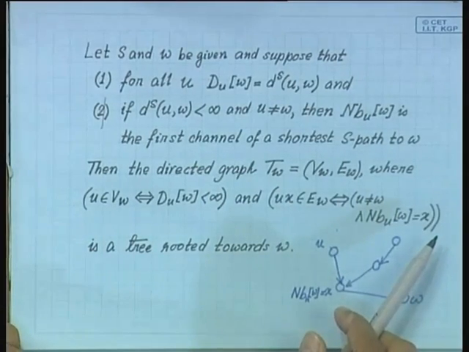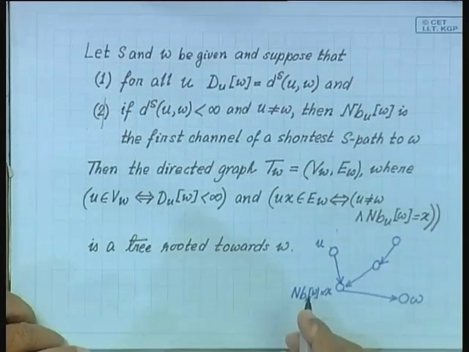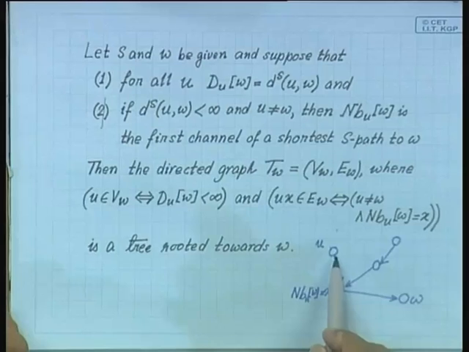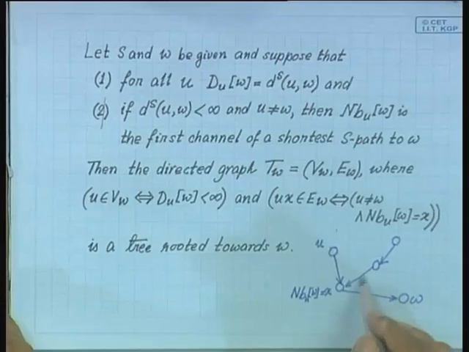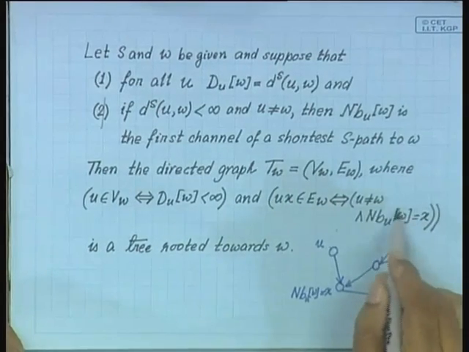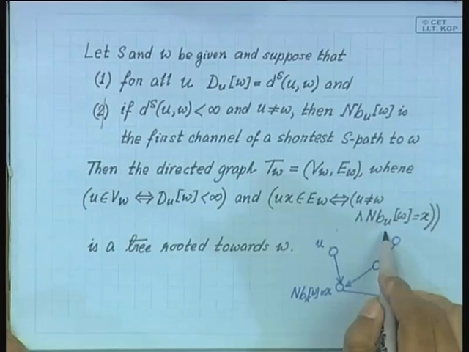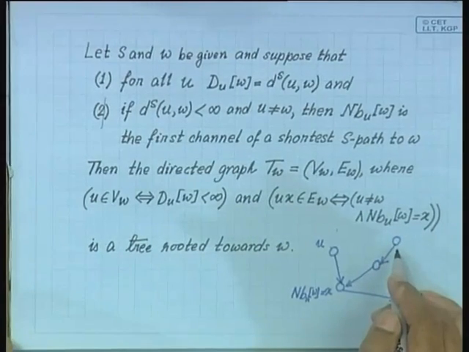Okay. The only thing that we have to show is there cannot be a cycle, right. All we have shown is that for every node there is another node to which there is a link by virtue of NBUW, right. So, there is a next node on the path to W, right.